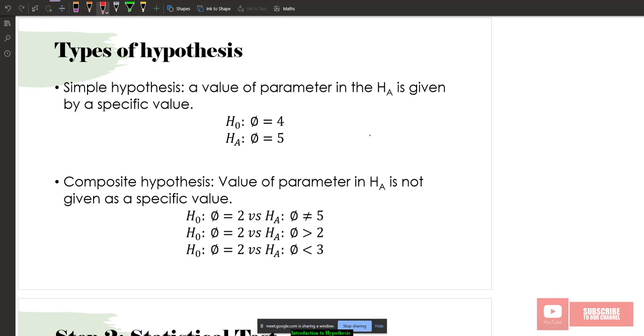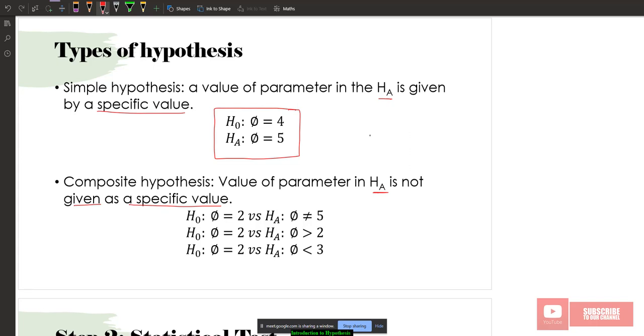We have the simple hypothesis, where the value of the parameter in HA is given by a specific value. This means the null hypothesis and alternative hypothesis both have specific values: the null hypothesis is phi equal to 4, the alternative hypothesis is phi equal to 5. In a composite hypothesis, the value is not given as a specific value.